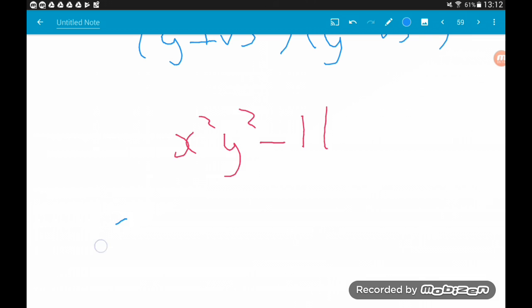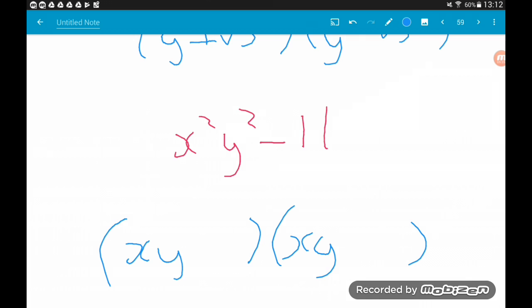The square root of x squared y squared is xy. The square root of 11 is root 11. So we're going to get xy plus root 11 times xy minus root 11, like that.